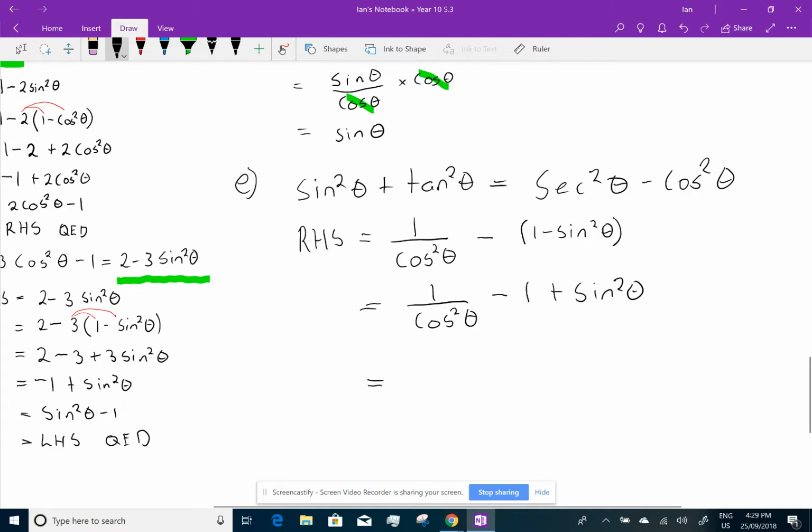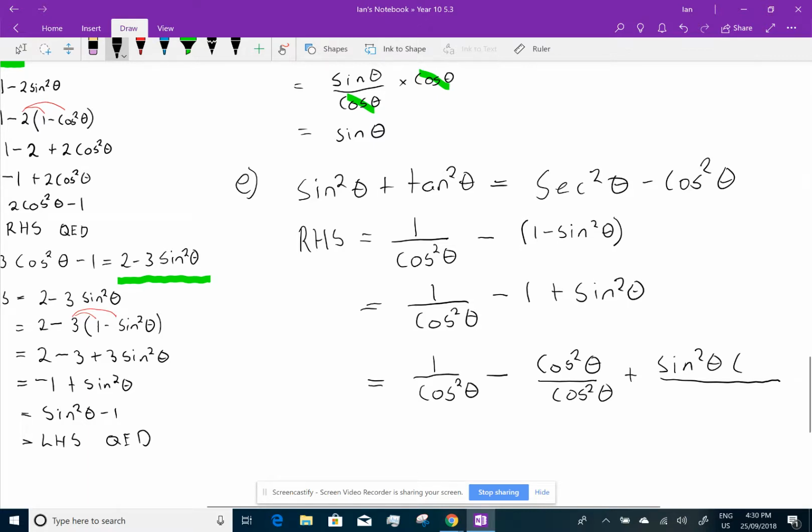So I need a common denominator, and I've got 3 terms. So I've got 1 on cos squared theta minus, now I'm going to multiply this 1 top and bottom by cos squared theta. So it's going to be cos squared theta on cos squared theta plus sine squared theta times cos squared theta on cos squared theta.